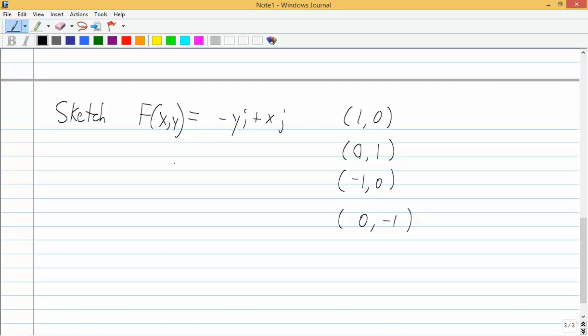Those are probably the easiest ones to graph, because you just plug in an x and a y and see what you get out. If I plug in 1, 0, I get just j. If I plug in 0, 1, I get negative i. If I plug in negative 1, 0, I get negative j. And if I plug in 0, negative 1, I get just i.